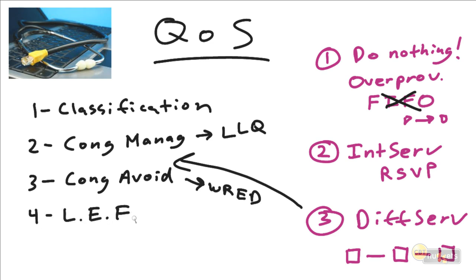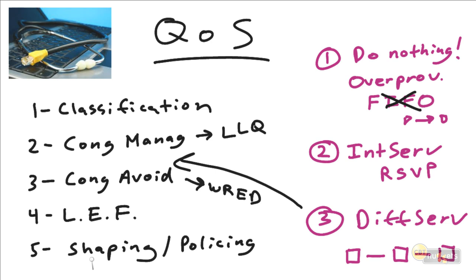Link efficiency deals with things like compressing traffic, so it takes up less bandwidth. And then an area that many of you have probably heard of, we can engage in shaping and policing. Shaping is kind and gentle. It says, you know what?